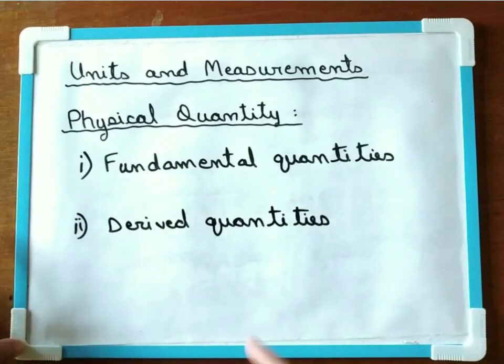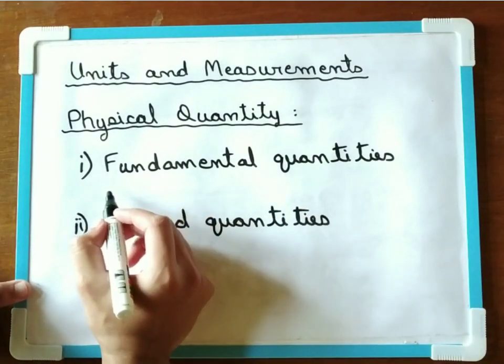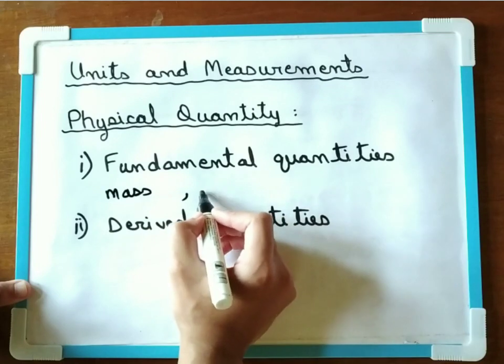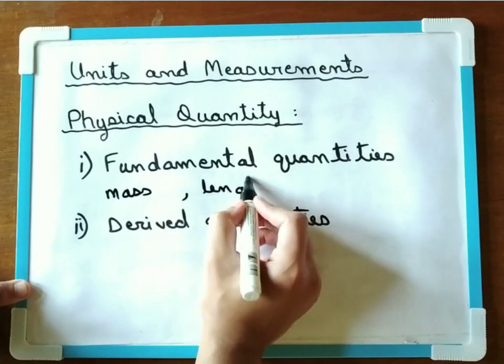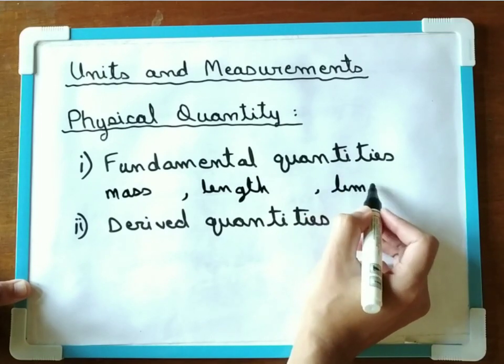Now fundamental quantities are quantities like mass, length and time. These are known as fundamental quantities, and derived quantities are that of force, acceleration, velocity, momentum, and so on. So we have fundamental quantities like mass, then we have length, then we have time. These are known as the fundamental quantities.